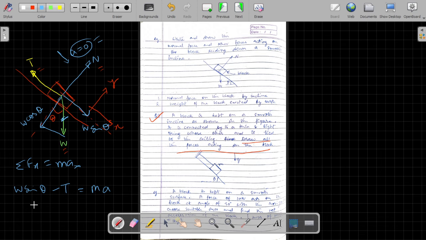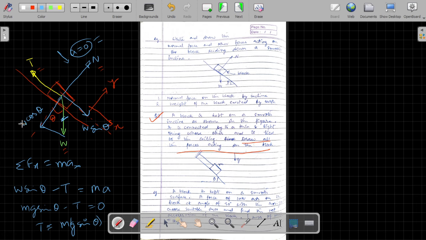So we would say that mg sin theta minus tension is equal to 0, or tension is equal to mg sin theta. So this kind of makes sense. If the block was free to move along x-axis, it had an acceleration g sin theta. And what is tension doing? Tension is applying a force equal to the force exerted by gravity to prevent that motion altogether.